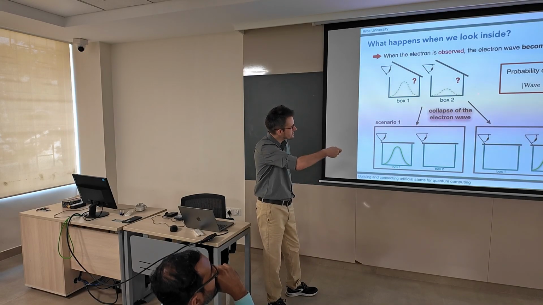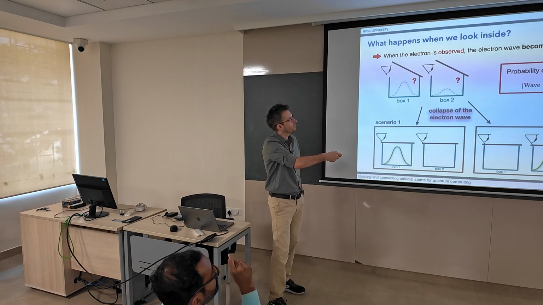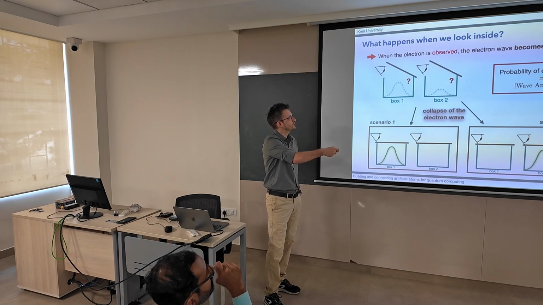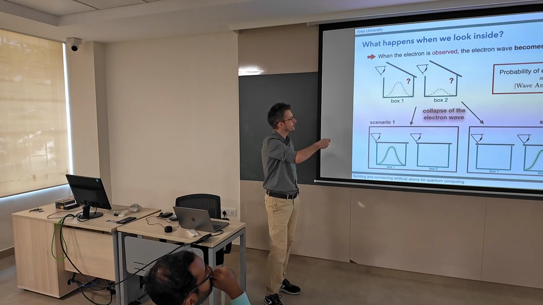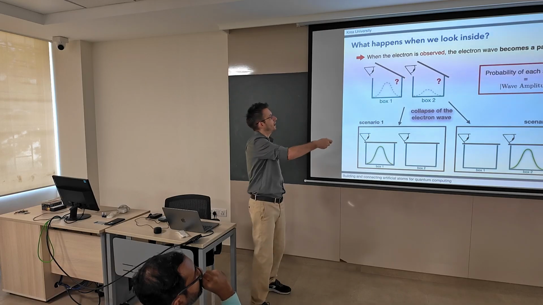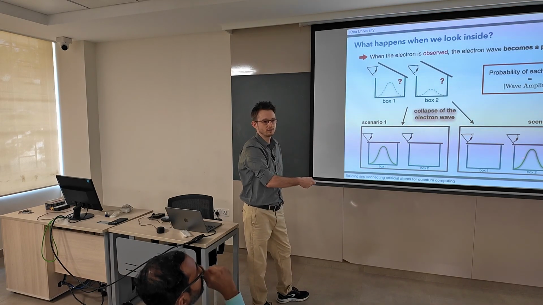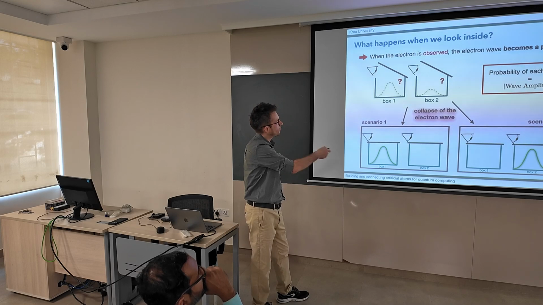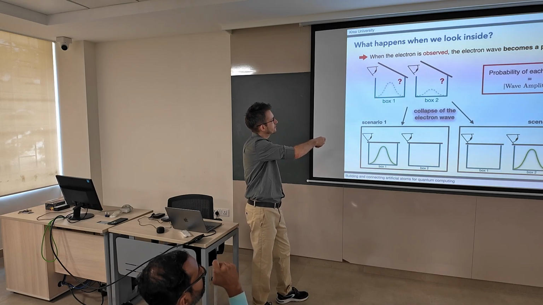So what tells us whether it's scenario 1 or scenario 2 is going to be the wave amplitude squared. So we have a wave here, right? The amplitude of that wave squared is what will give us the probability of finding the electron either in box 1 or in box 2. Okay, so this is the wave. What's the amplitude? Amplitude is basically the height of this, and this is the height squared.